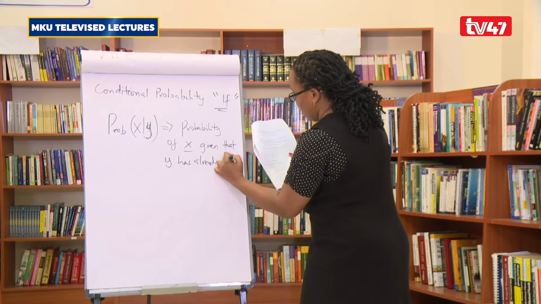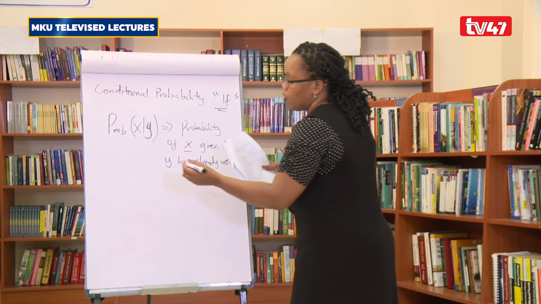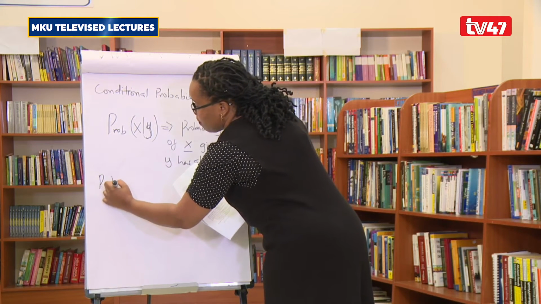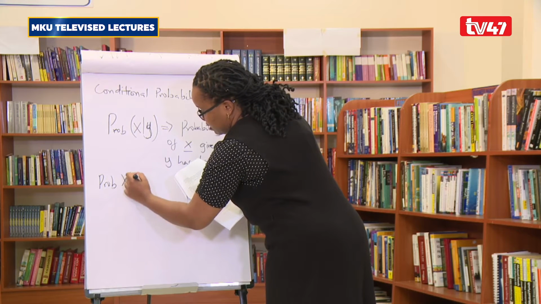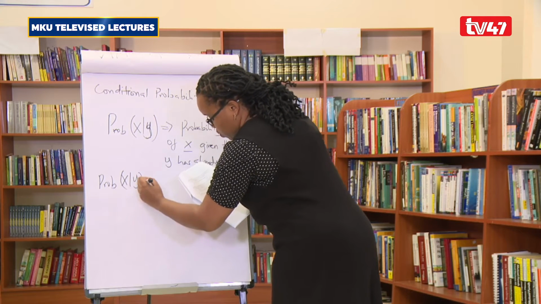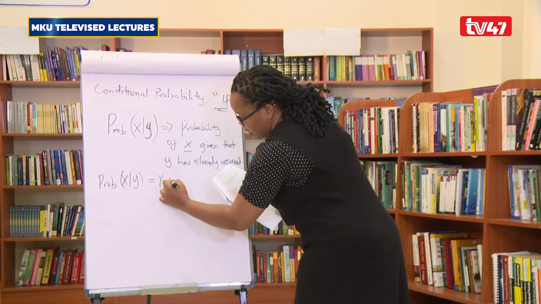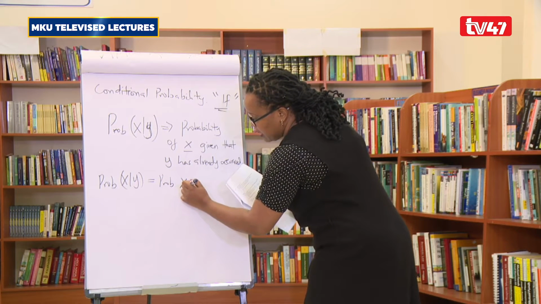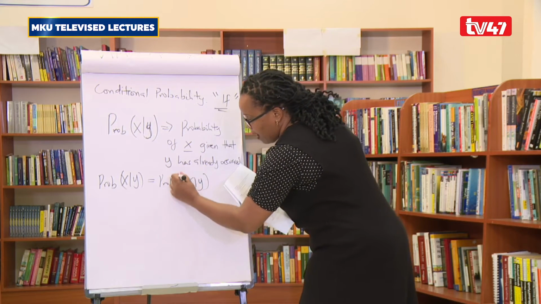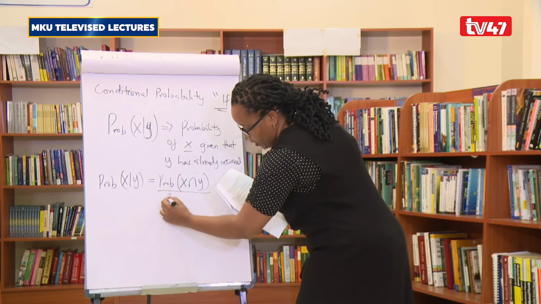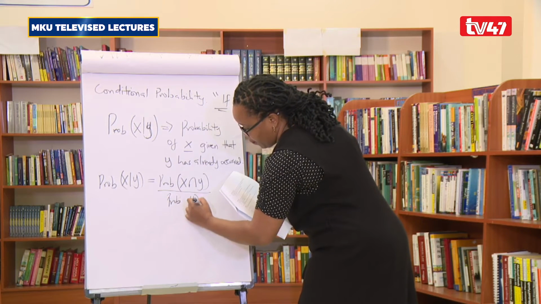Given that y has already occurred. So mathematically we represent it as probability x given y to be equal to the probability x intersection y over the probability of y.